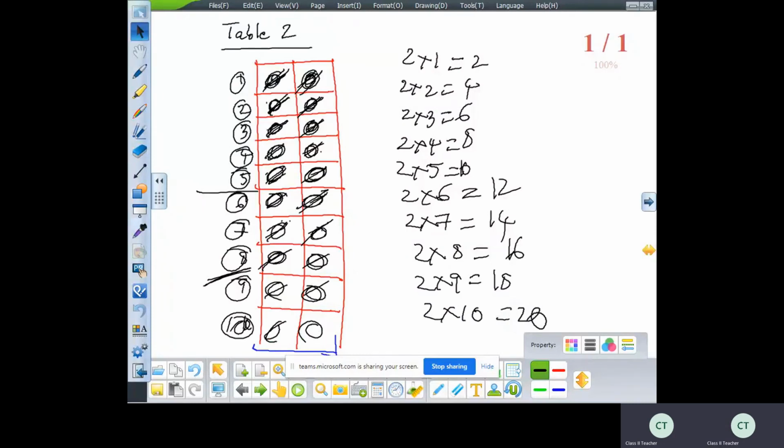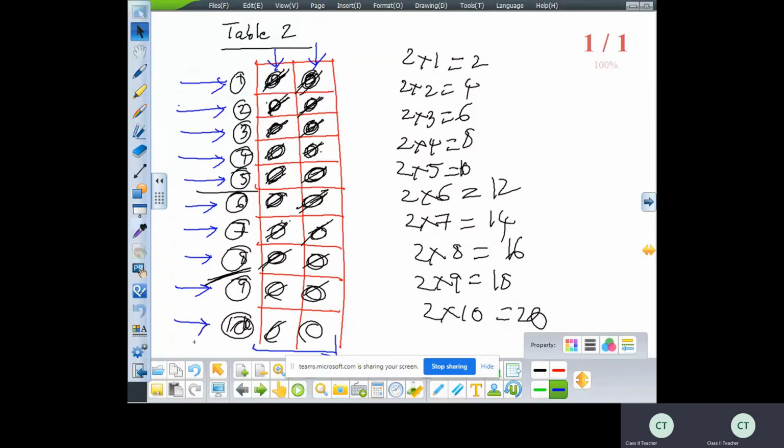Okay, children. First, we draw 2 vertical lines, nothing but standing lines. After that, take 10 rows: 1, 2, 3, 4, 5, 6, 7, 8, 9, 10.